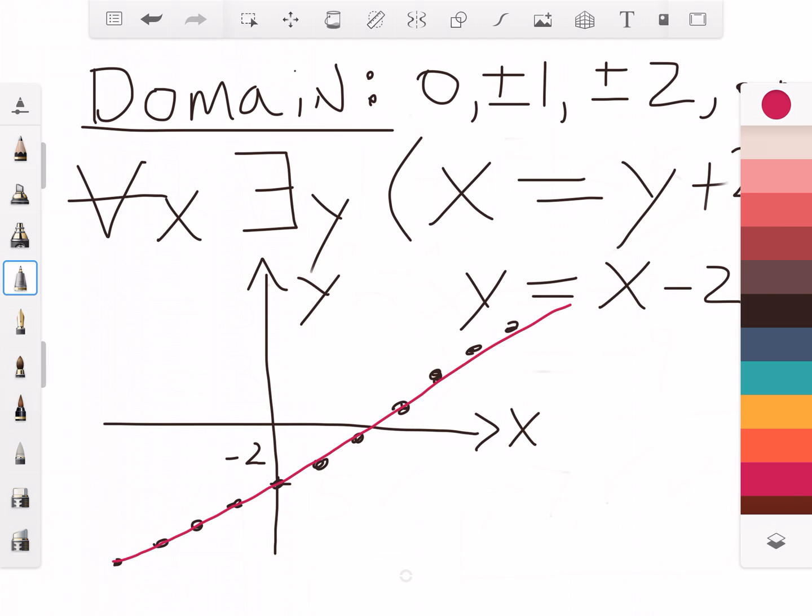We need the real numbers to fill in the gaps and connect the line. So here our domain is discrete. It has individual points. It's not continuous like the real numbers. But we'll get to that later. You don't need to know that now. I'm just setting the stage for later.